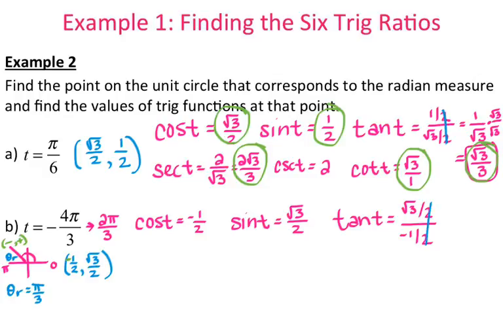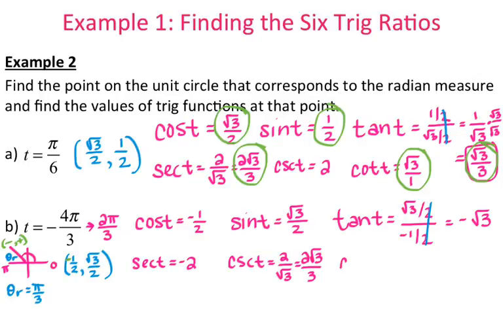So that leaves me with negative root 3. Since cosine is negative 1/2, that means secant is -2. Since sine is √3/2, that means cosecant is 2/√3, but you can't have radicals in the denominator, so that's 2√3/3.